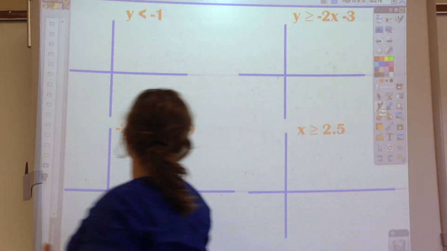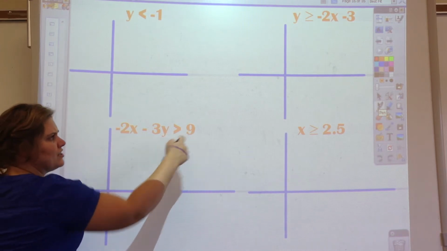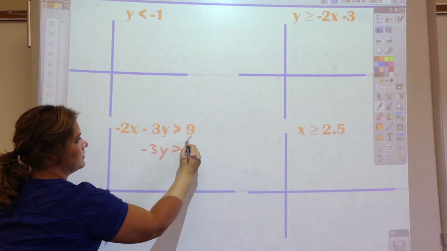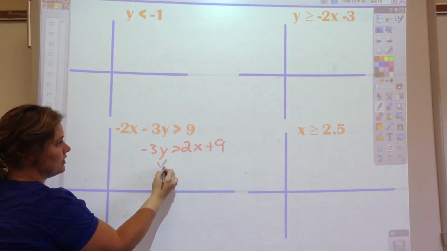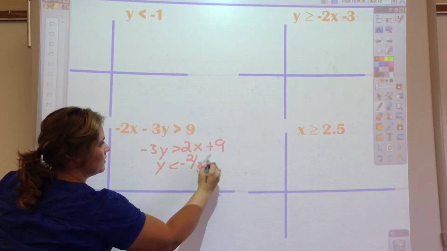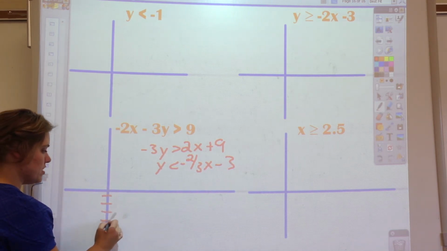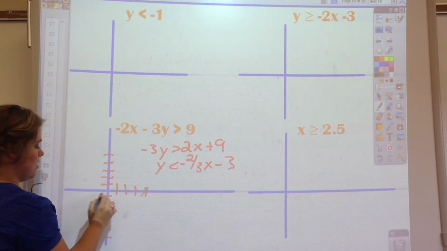Here, let's do this one. We haven't done anything like this. Wouldn't you need to solve for y first? Let's add 2x to both sides. Divide by -3. Ooh, remember your inequality flips. And then here you're going to go down 3.